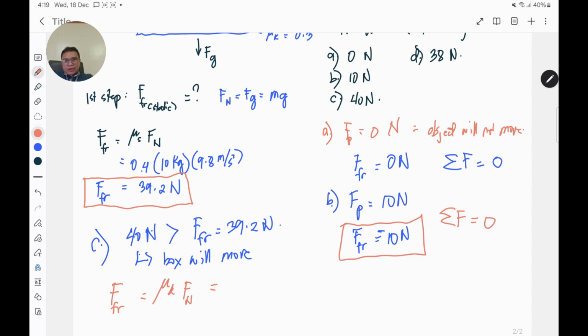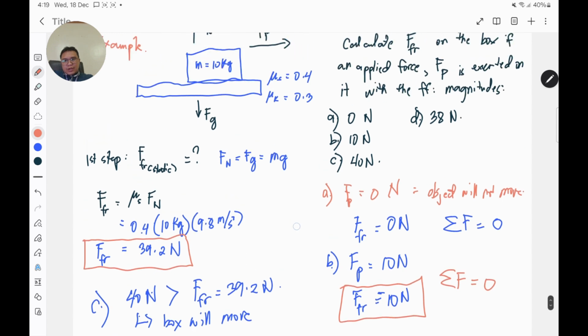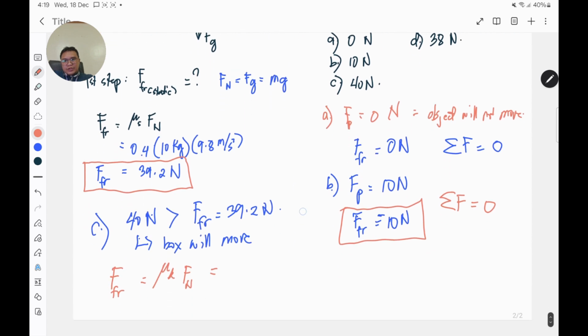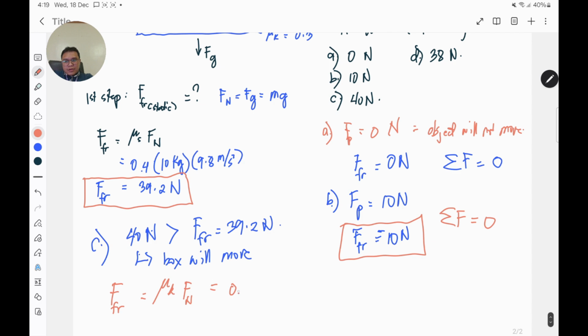To calculate this, we just recall that our mu of kinetic friction is 0.3, multiplied by our normal force, that is 10 kilograms multiplied by 9.8 meters per second squared.